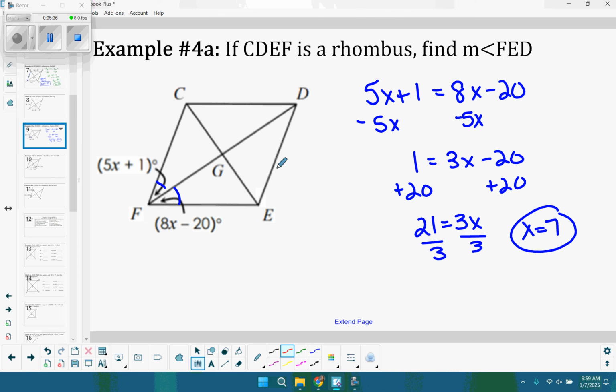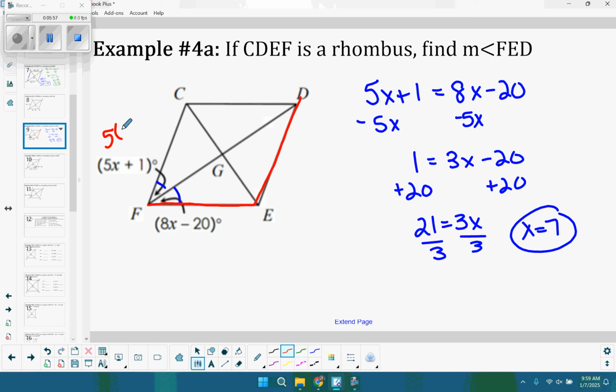So now they want me to find angle FED, the whole angle here. This whole angle here is supplementary to this whole angle here. So what I would do is find out what this whole angle is and then take it away from 180.